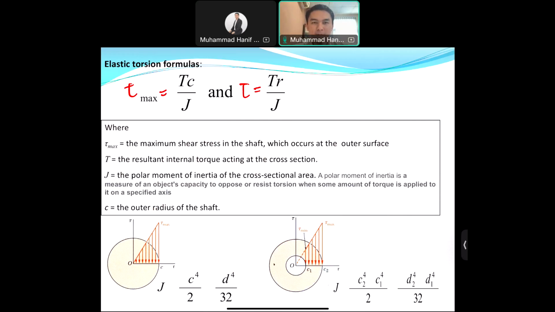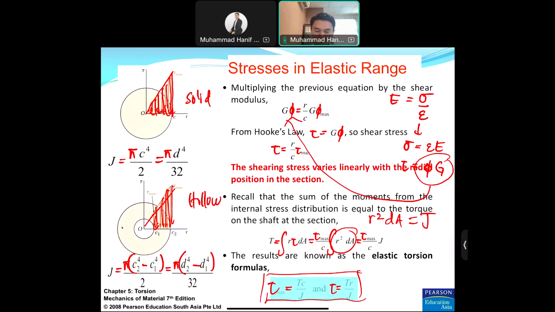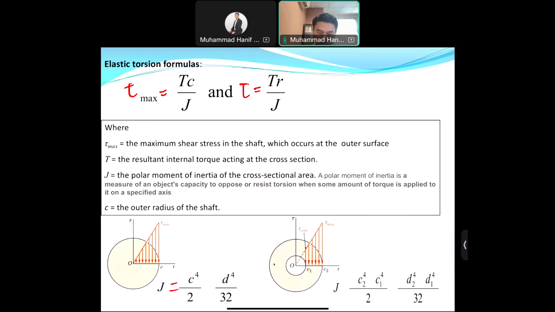This is the analogy. C is the outer radius of the shaft. The J is already explained before, so I write it again: pi.